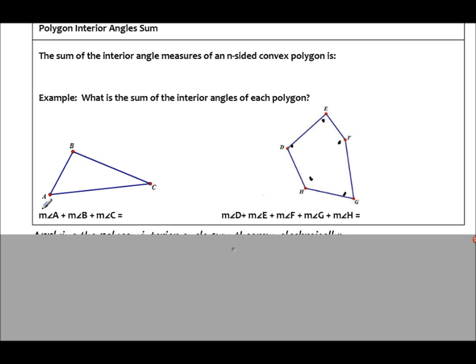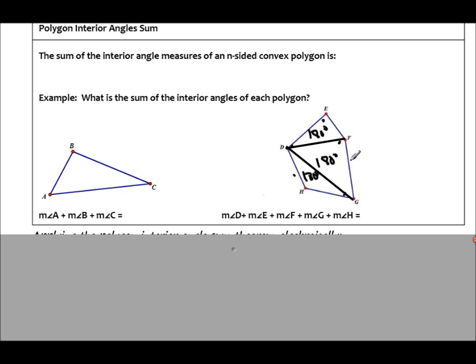And when we measure the angles, you guys know in a triangle we always had 180 degrees. With the diagonals, we said, let's connect diagonals in a polygon and make a whole bunch of triangles. And we knew that each of those diagonals created a triangle, and each of those triangles had 180 degrees.